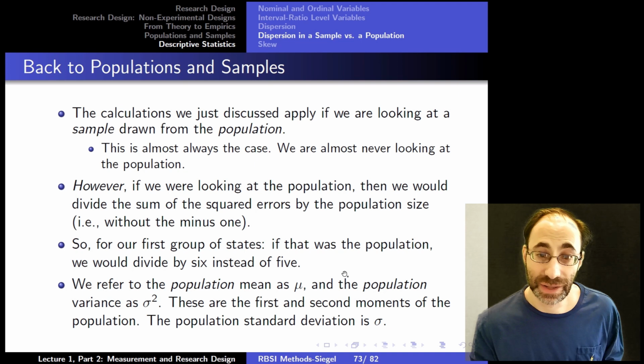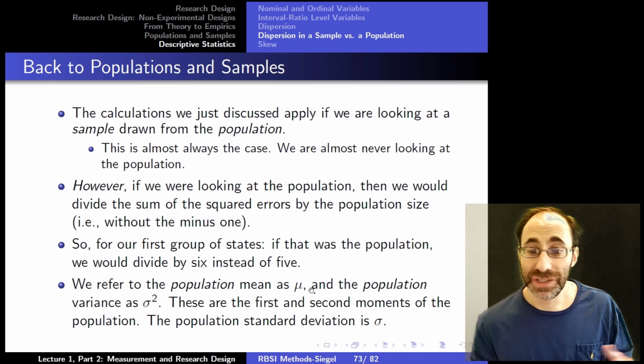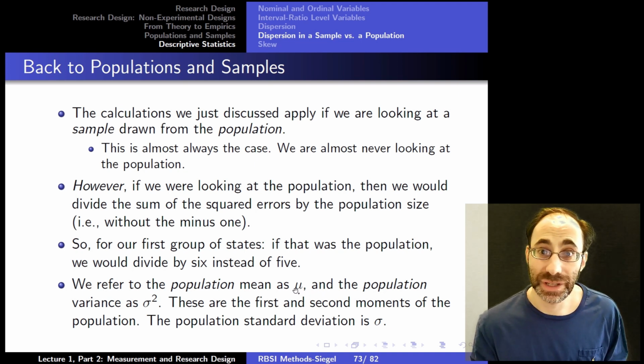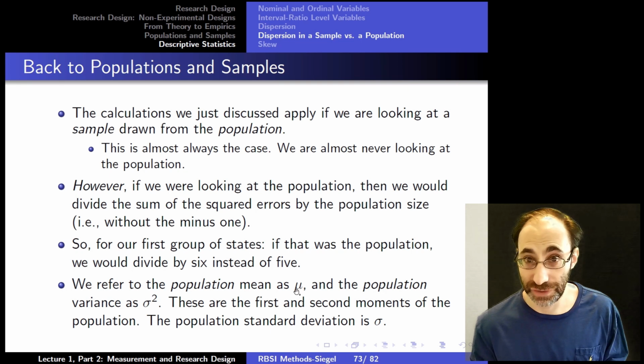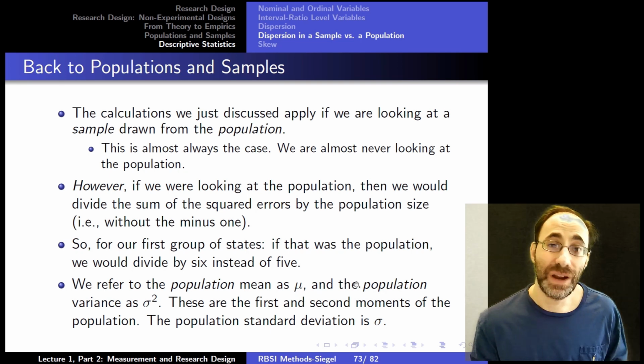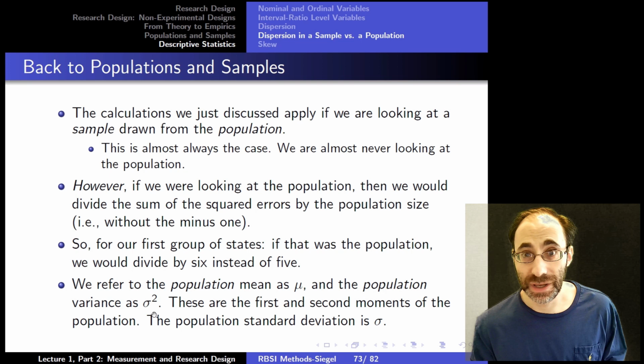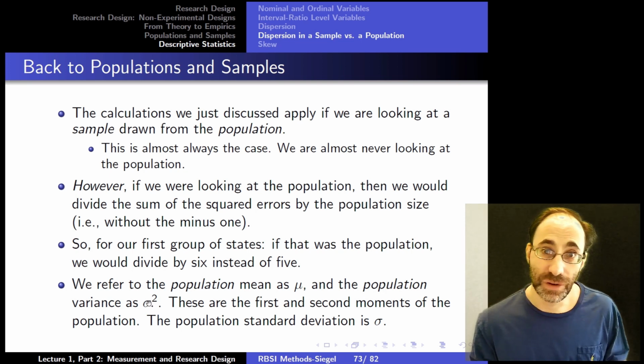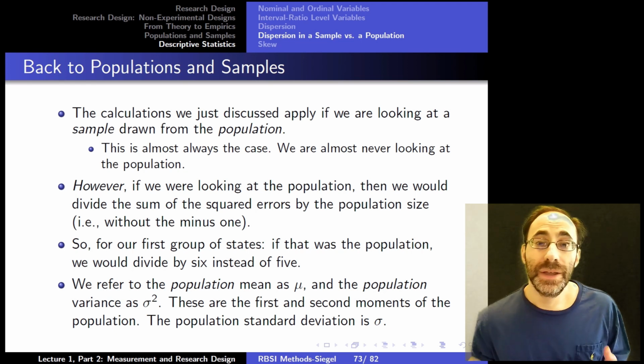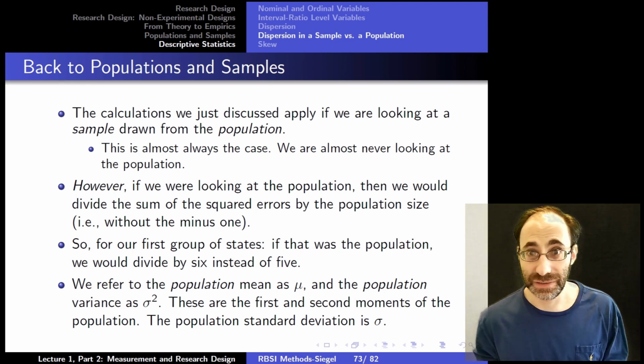These are lowercase Greek letters. So when we have a population instead of a sample, we call the population mean mu instead of x bar, which is for the sample. And when we have a population variance, we call it sigma squared instead of s squared for the sample variance. These are the first and second moments of the population. The population standard deviation is sigma instead of s for the sample standard deviation.